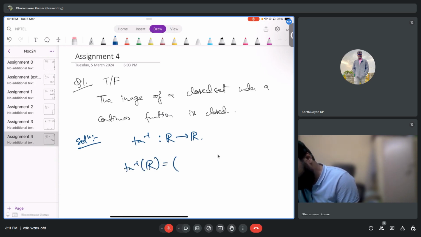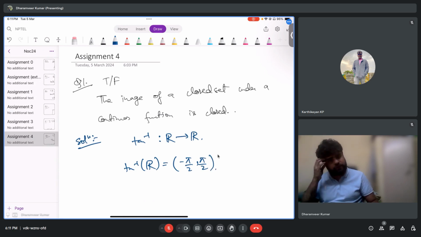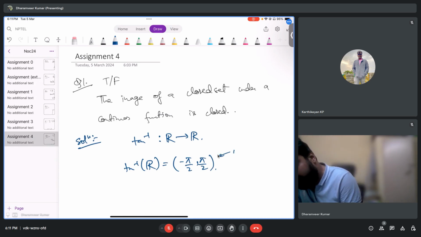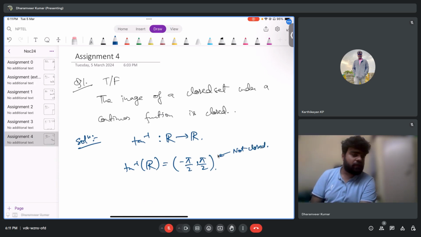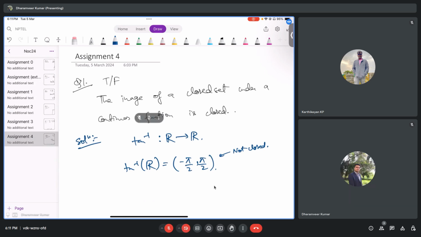It's nothing but minus pi by 2 to pi by 2. Not closed. So this is not closed, so we get that.